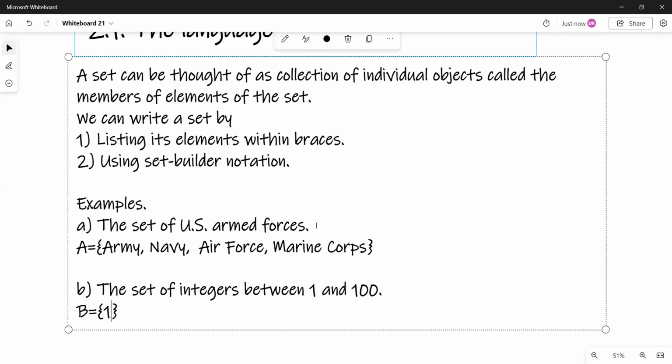What we can do is write an ellipsis or 3 consecutive dots to indicate that the pattern continues. So write the first few elements and write the last one, or some of the last one. Okay, so this is one way to write sets, by listing the elements within braces.